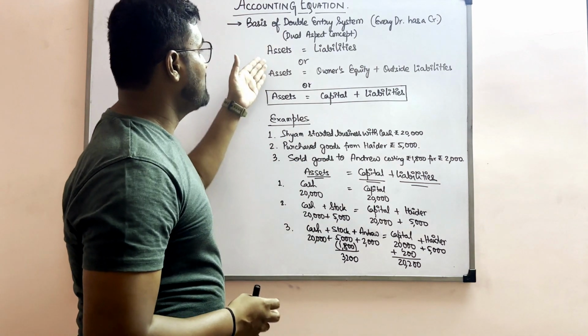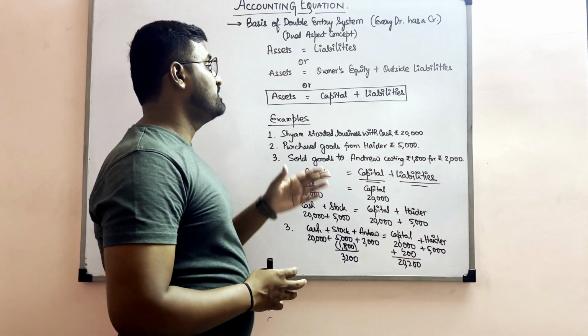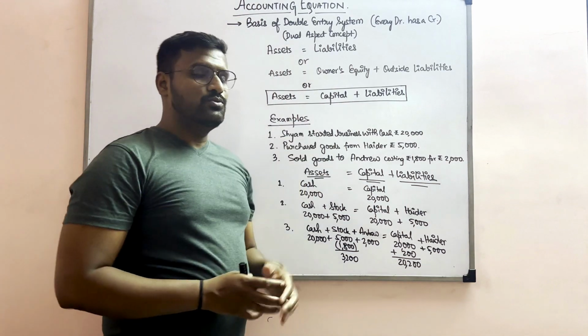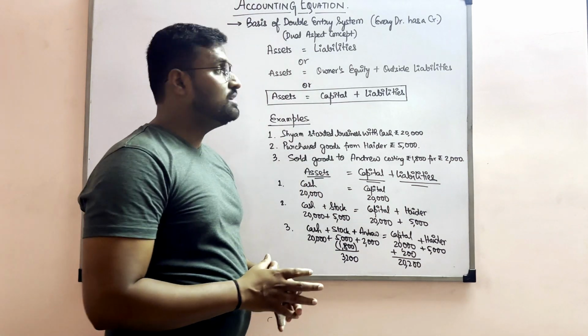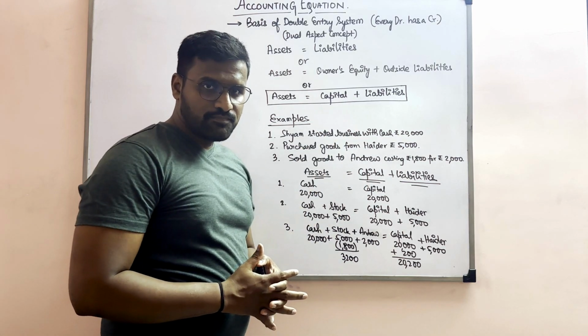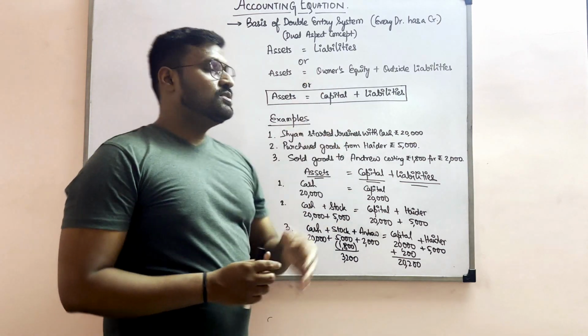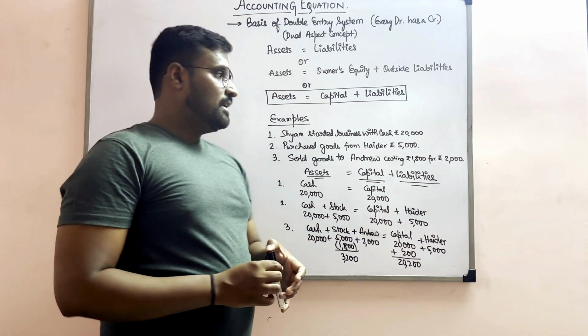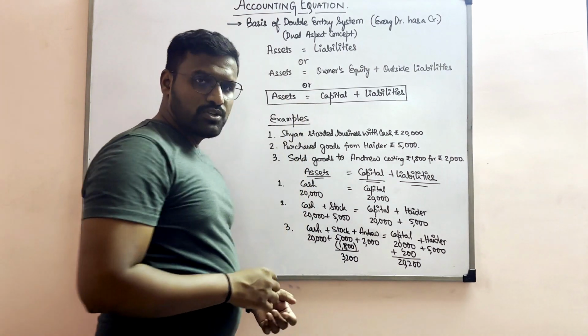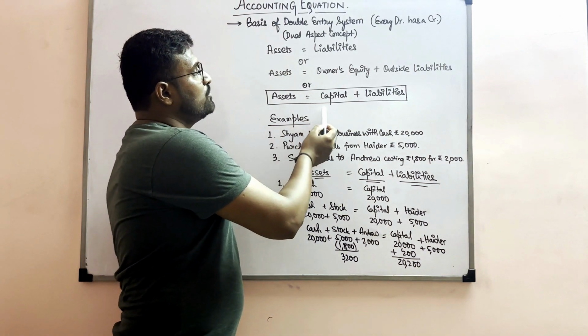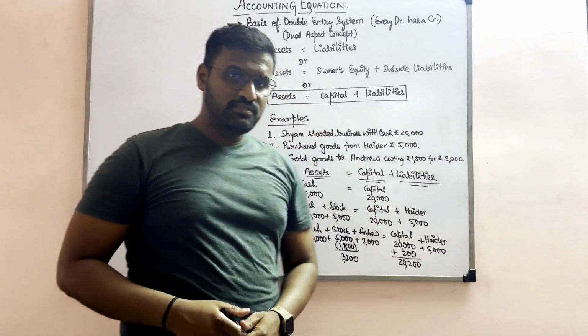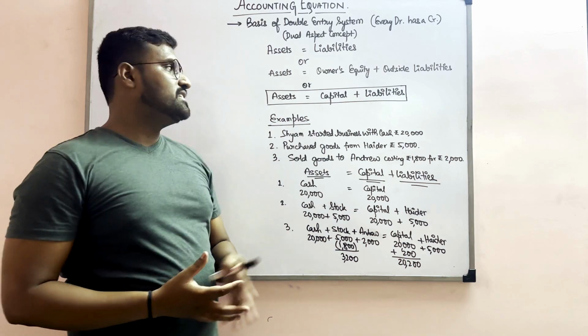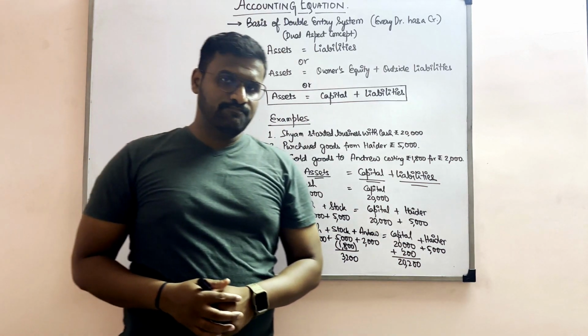So this equation, assets is equal to liabilities, can be deduced as assets is equal to owner's equity or owner's liability plus outside liabilities. This owner's equity has a special name and we call that capital. Hence, we can further deduce this equation as assets is equal to capital plus liabilities. And this is how usually we identify our accounting equation.